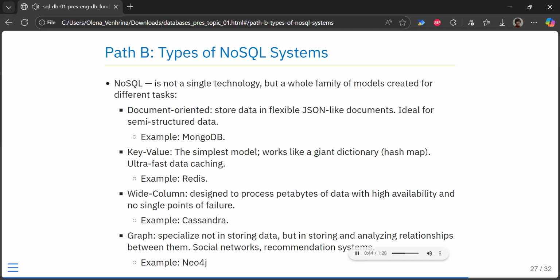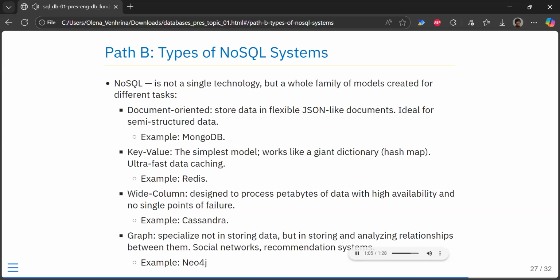Third, heavy artillery, wide column databases. These are systems like Cassandra. They were created with one goal: to store petabytes of data, guaranteeing that the system will never fall, high availability, and will not have a single point of failure. Example, Cassandra. And fourth, a completely separate category, graph databases.